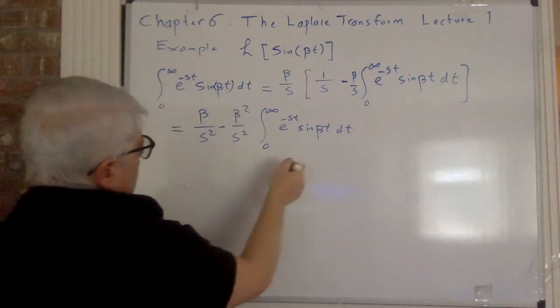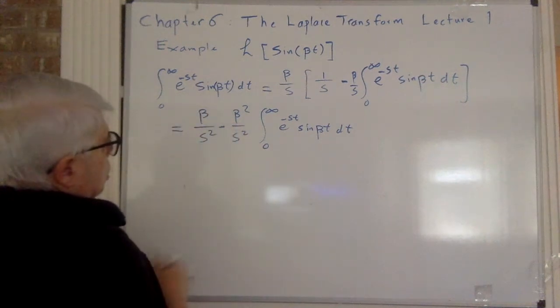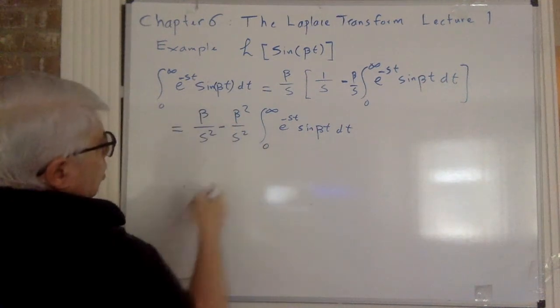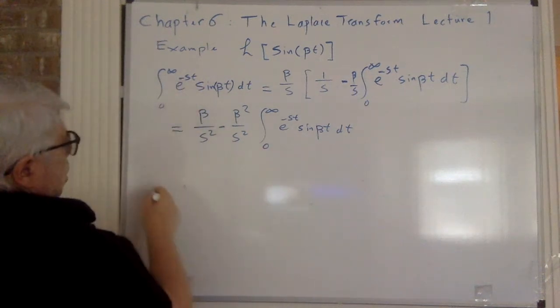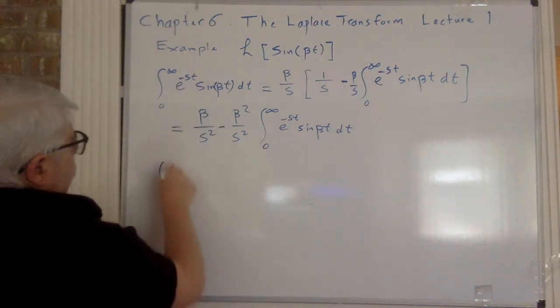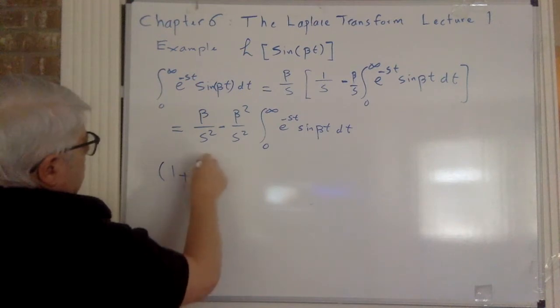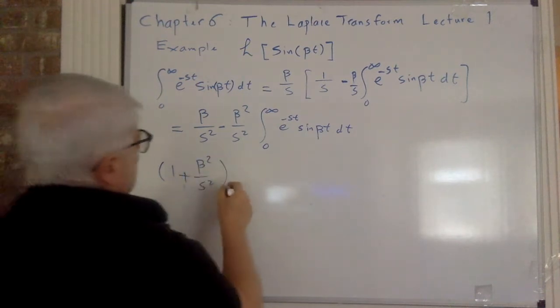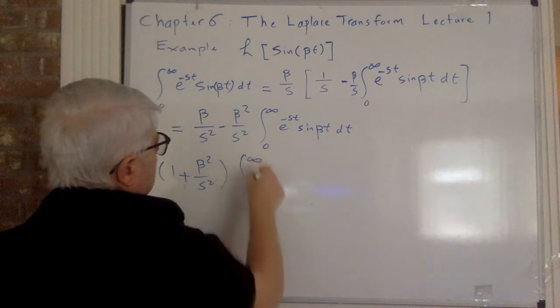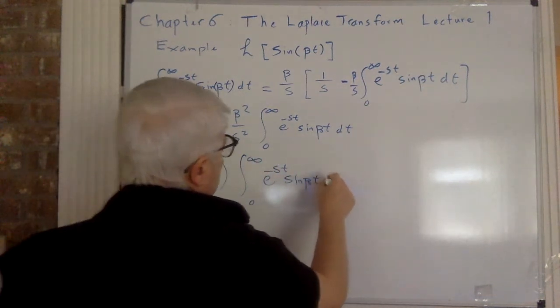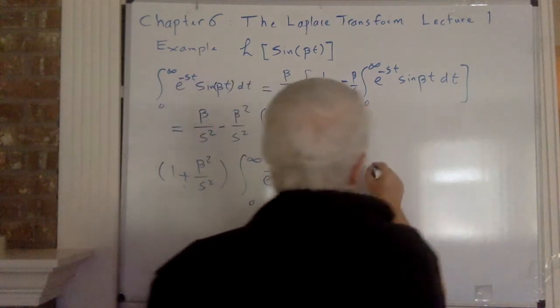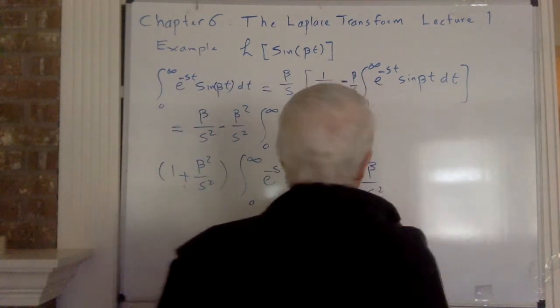Now I have this thing here. So this equals something which has the same expression. So if I bring this to this side, I will get 1 plus beta squared over s squared times integral 0 to infinity e minus st sine beta t dt. So that equals beta over s squared, right?